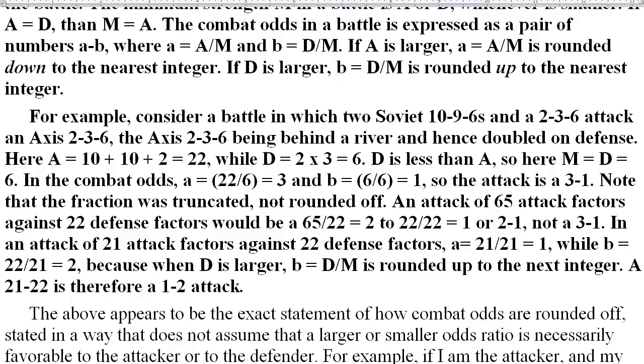In an attack of 21 attack factors against 22 defense factors, A is 21 over 21, which is 1. The defender number, though, is 22 over 21, and because the defender is stronger, 22 over 21 rounds up to the next integer. It rounds up to 2. So a 21 to 22 is a 1 to 2 attack.